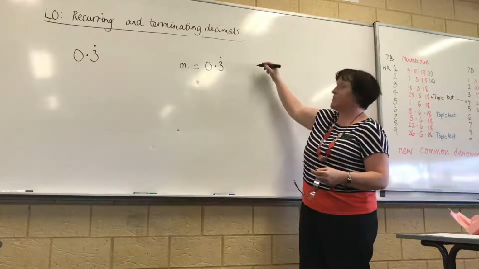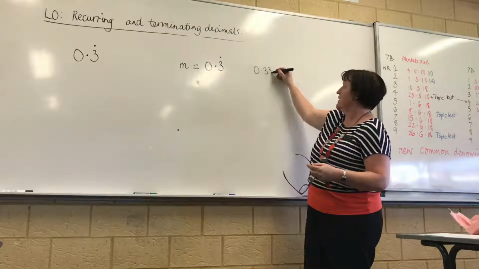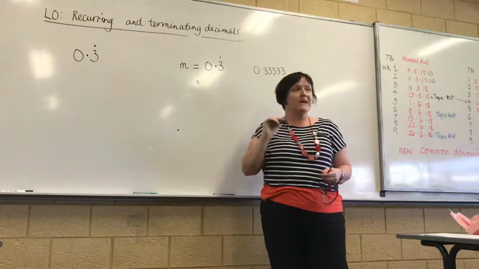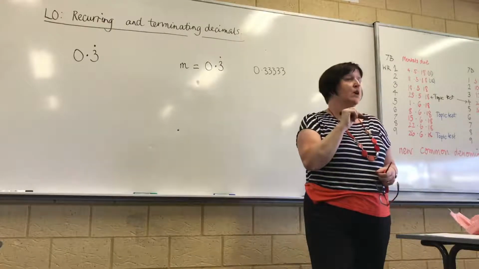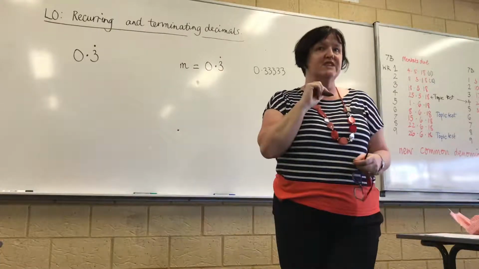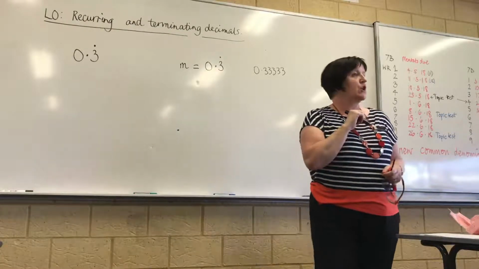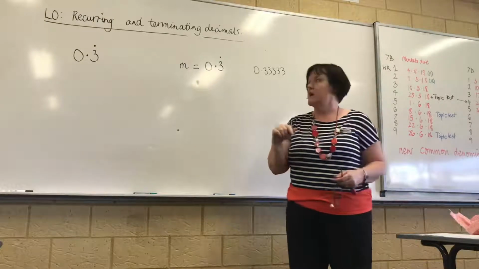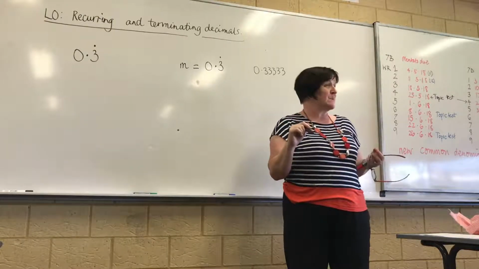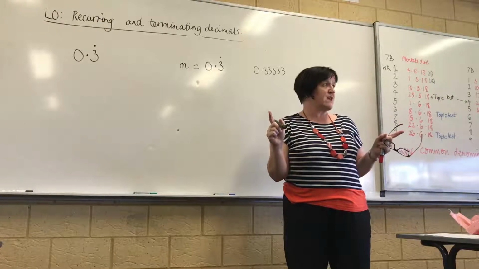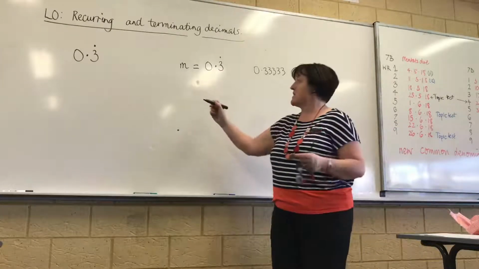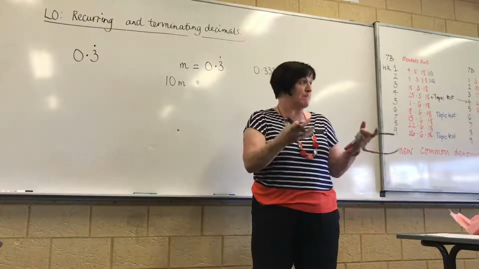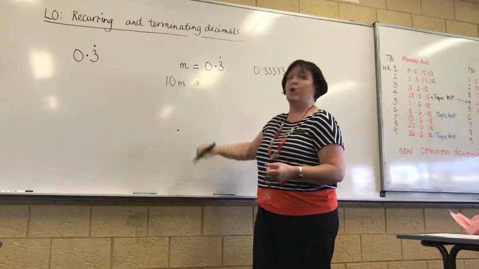And now remember, 0.3 recurring means 0.33333, etc. What we need to do then, depending on how many recurring digits there are, is multiply by either 10 or 100 or 1,000 or whatever. So we're going to multiply both sides of the equation by 10. That means that 10m, because we've multiplied m by 10 as well, is going to equal what?